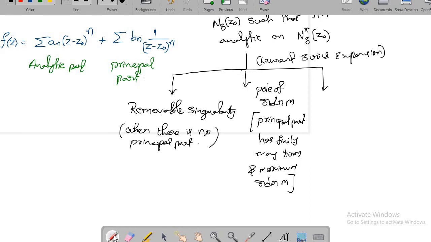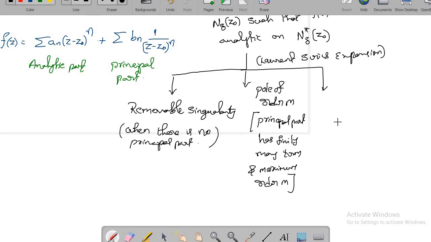Okay, and the next thing, what is left now. One thing is when there is no principal part, that is what we call removable singularity. And the next thing, if you find the principal part up to degree m, then we say it's a pole of order m. Whereas the other possibility is infinitely many terms.